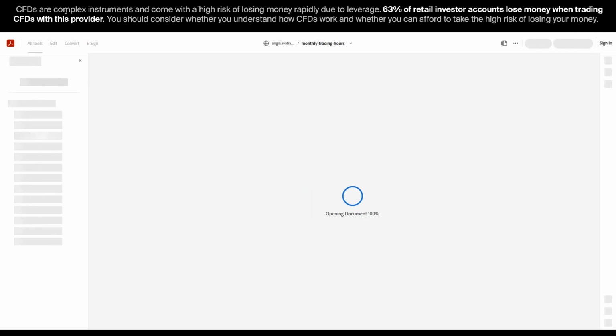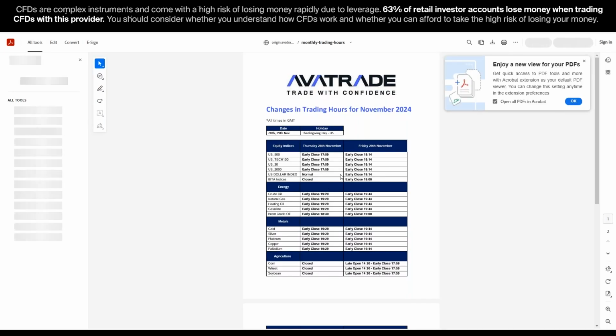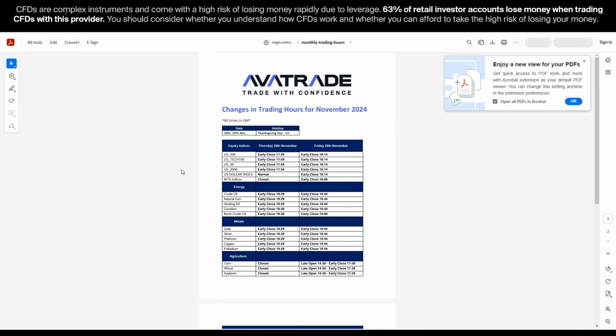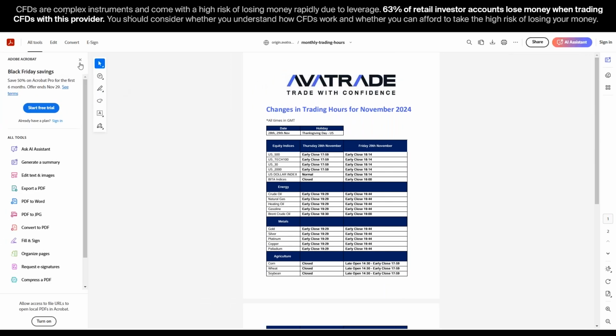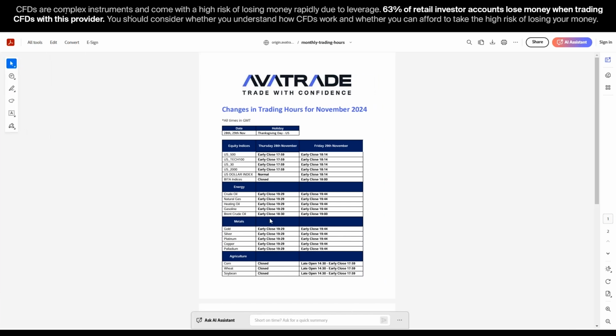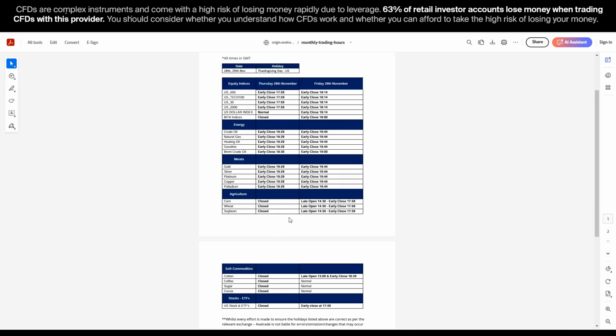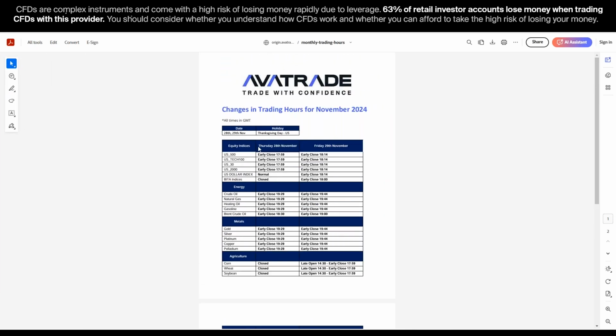And so what we see here then are the hours outlined for the month that include holidays.